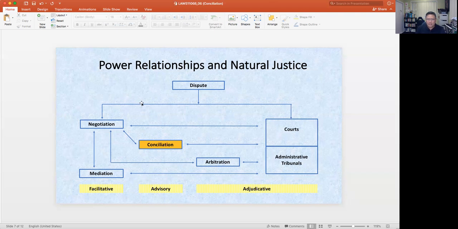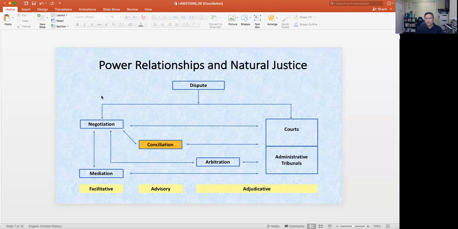In relation to facilitative and advisory processes, which involve negotiations, mediations and conciliation, we will notice that the independent third parties here really don't make a determination or adjudication in relation to the respective legal rights and positions of the parties. For that reason, you will often see that you might have a mediator or conciliator or even a negotiator talking individually to the parties separately.